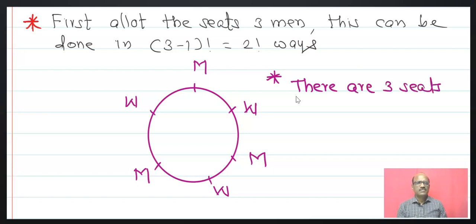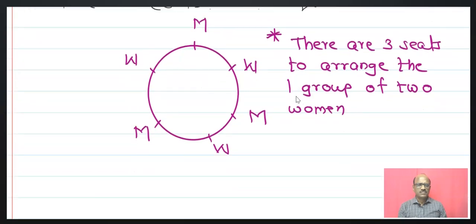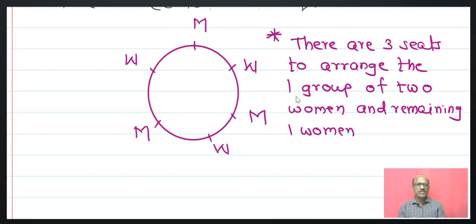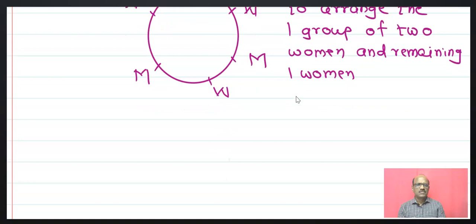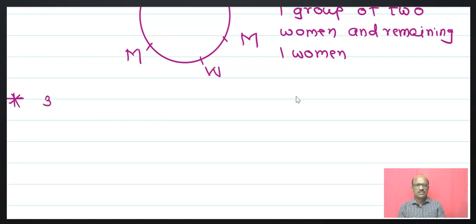There are 3 seats to arrange one group of 2 women and the remaining 1 woman, that is 3p2.